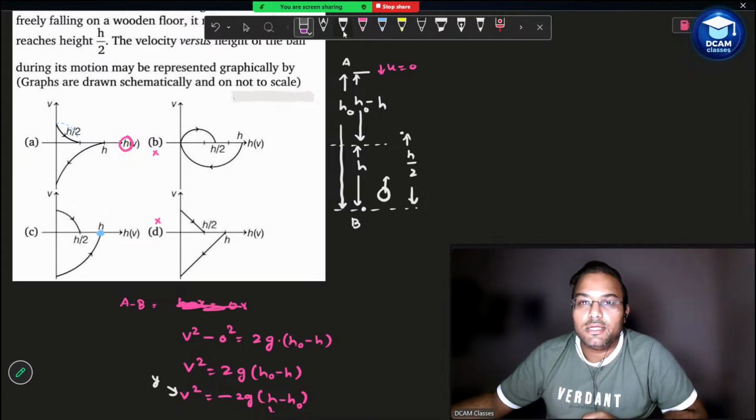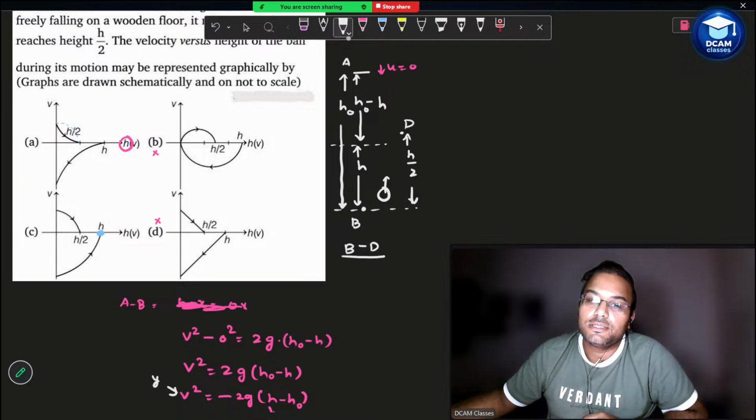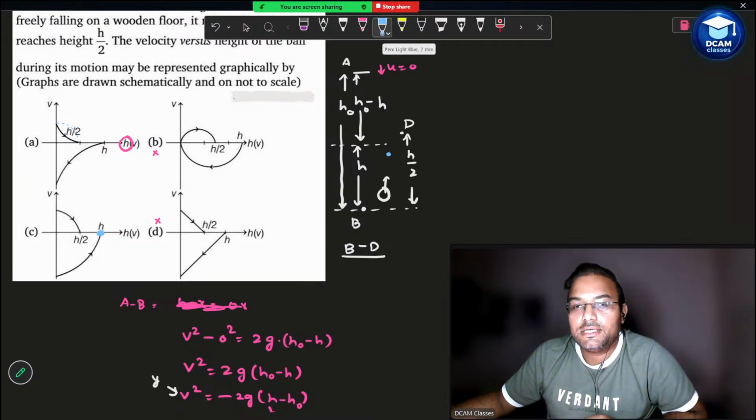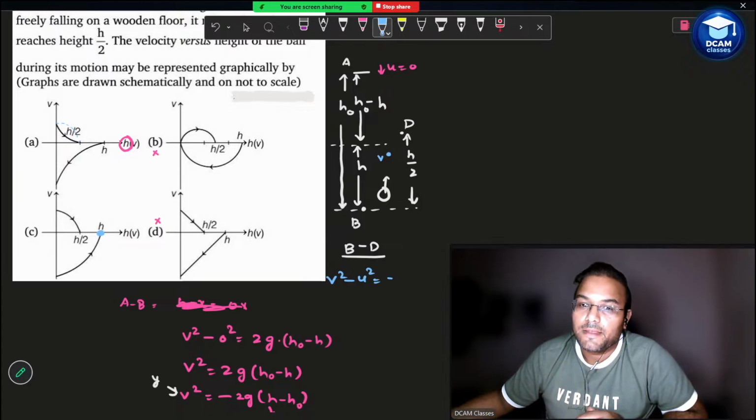So for the B to D motion, let's say it is D, at any time the velocity satisfies v square minus u square is equal to minus 2g into h.